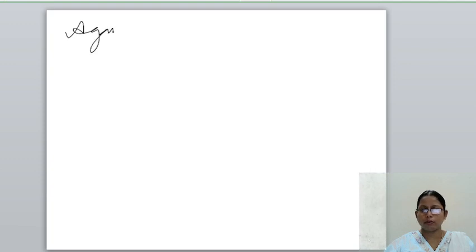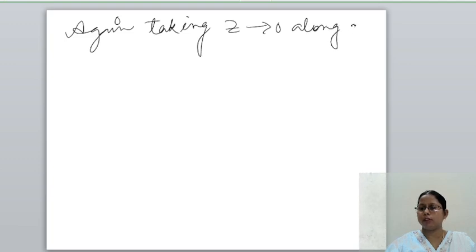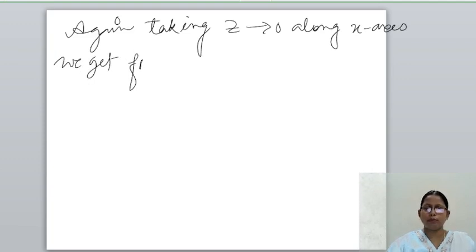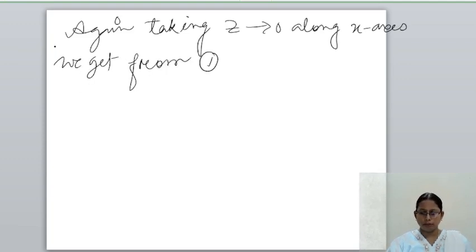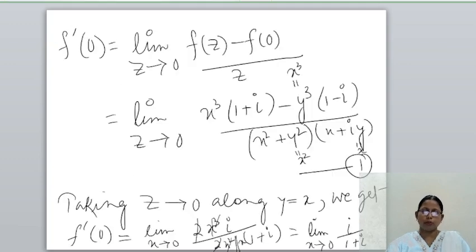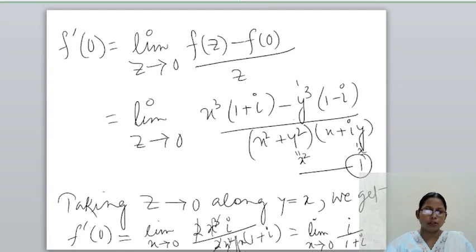Again, taking z tends to 0 along the x-axis, we get from this equation, if we take now this step, it is along the x-axis, that is y equal to 0.